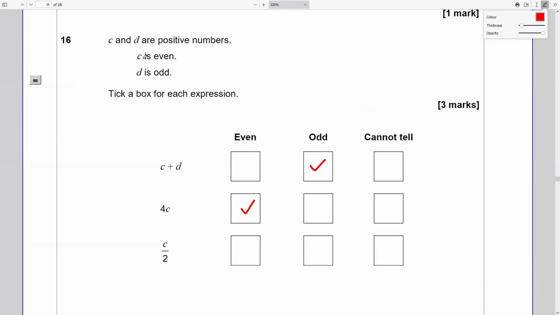C is even. Even divided by 2. Not sure. For instance, 6 is even, the number 6 divided by 2 would be a 3, which is odd. But if C is 8, divided by 2, you get 4, so you cannot tell.